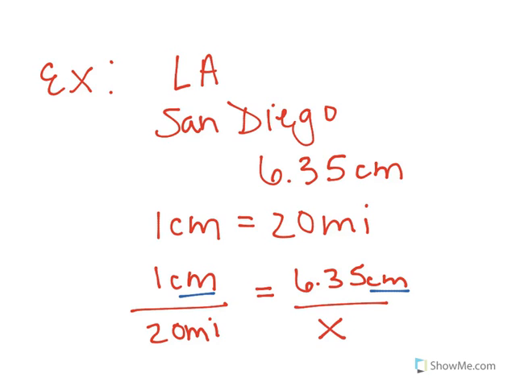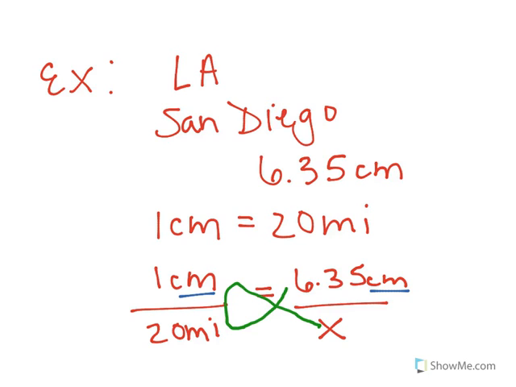We don't know that, so we are going to do our fish method and solve for our unknown. So we're going to say 6 and 3,500ths of a centimeter times 20 divided by 1 is going to equal my unknown miles.